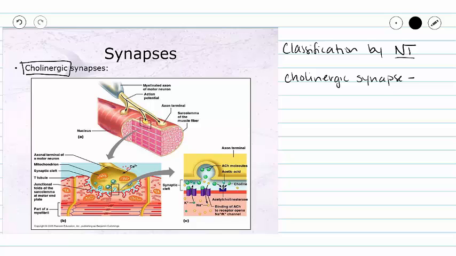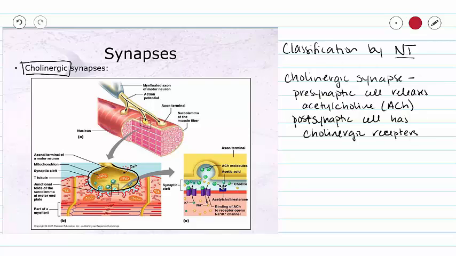What this means is that our presynaptic cell is going to release acetylcholine as our neurotransmitter, and our postsynaptic cell has cholinergic receptors. That is, receptors that bind to acetylcholine. So we see the word choline in both our neurotransmitter and our receptors. So cholinergic receptors bind to acetylcholine.